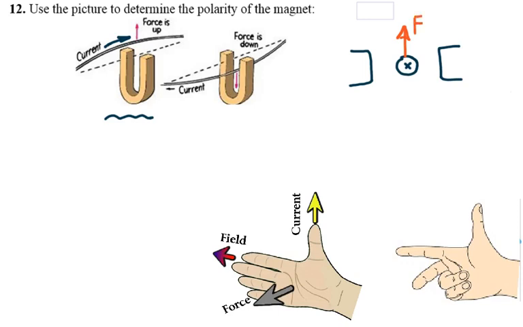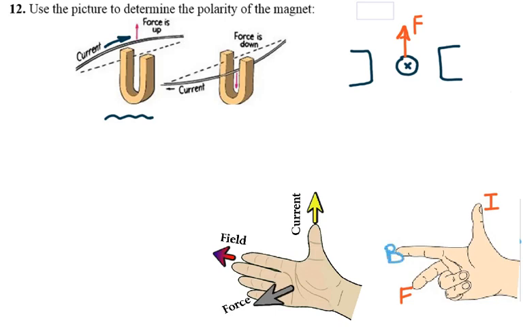Now they want you to figure out which side is north and which side is south for the magnet. So you have to arrange your fingers where your current is going away from you into the page, and your force is going to be acting up, and then you will know the direction of the magnetic field lines.